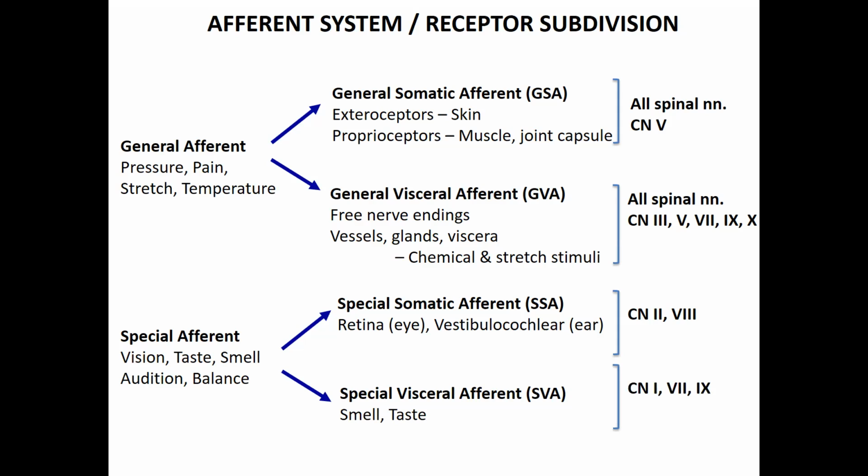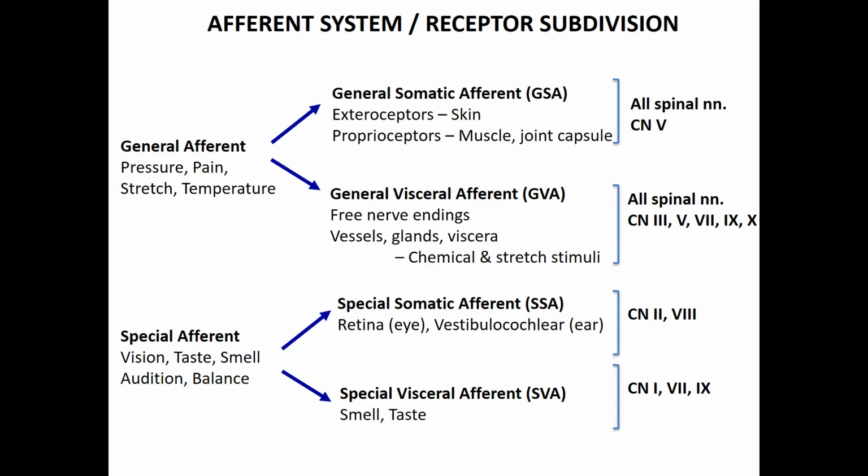The sensory nerves for these afferents are present in cranial nerve number 1, which is the olfactory nerve, and cranial nerves number 7 and 9, which are the facial and glossopharyngeal nerves. So that means the facial and glossopharyngeal nerves are those cranial nerves which are associated with the sense of taste.